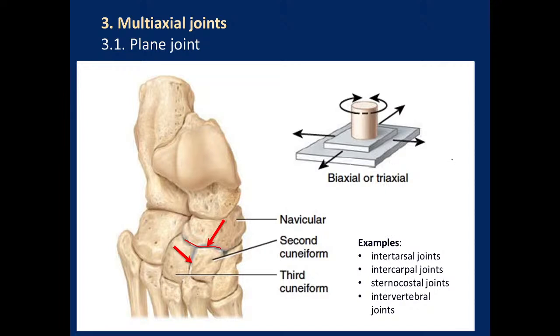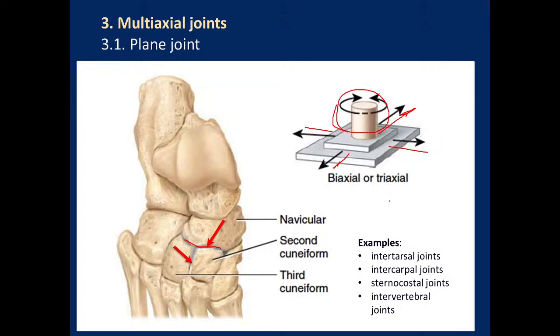This type of joint, I mean plane joints, allows movement in different directions: forward, back, right and left, and rotation, and combinations.